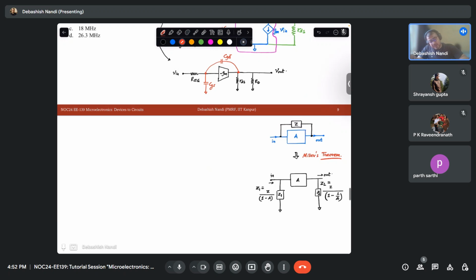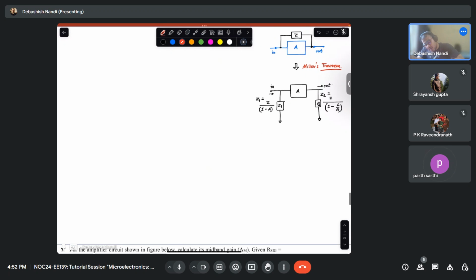Let me tell you a funny story then. Suppose you have an amplifier gain stage. This is an example. Let's say you have a gain of 5 and you have a 1 kilo ohm resistance.